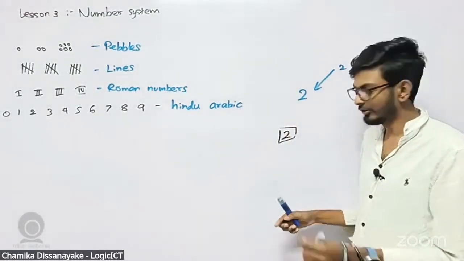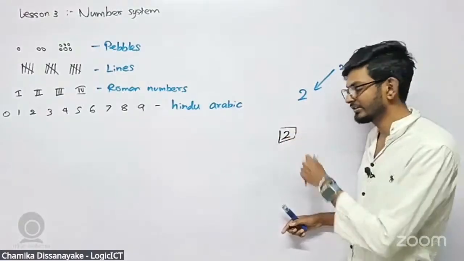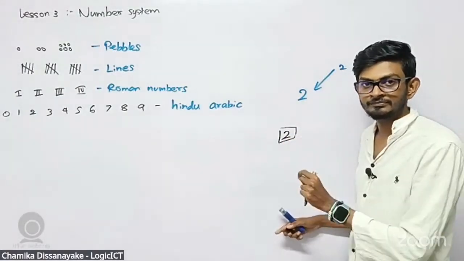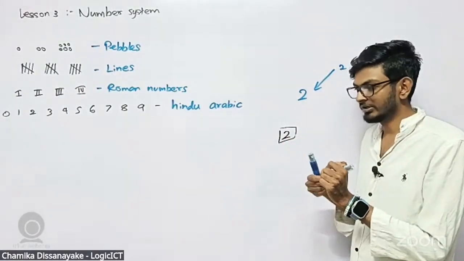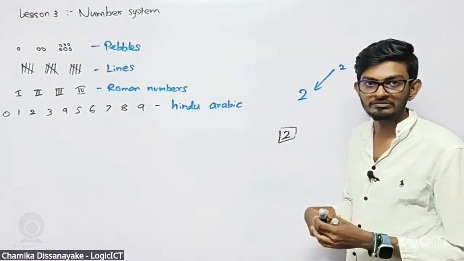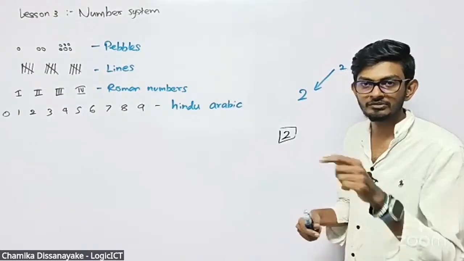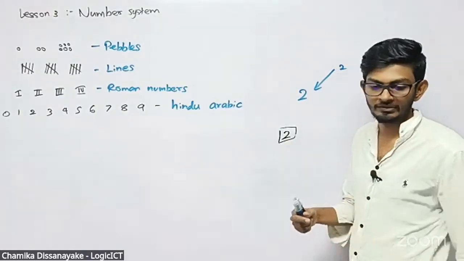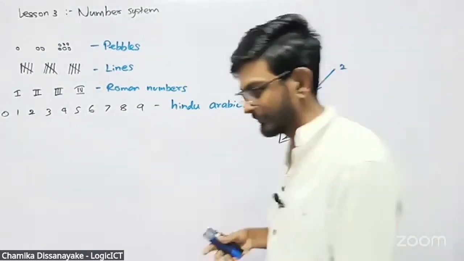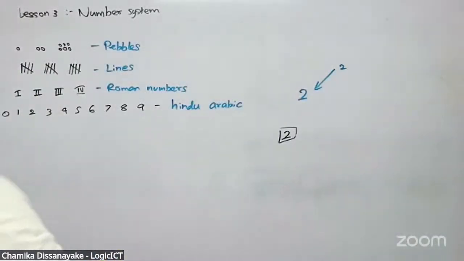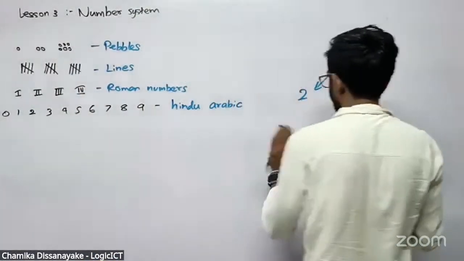They are going to capture an image of this symbol and identify what this symbol is. Then they are going to know this is number 2. Just memorize that those are the symbols.